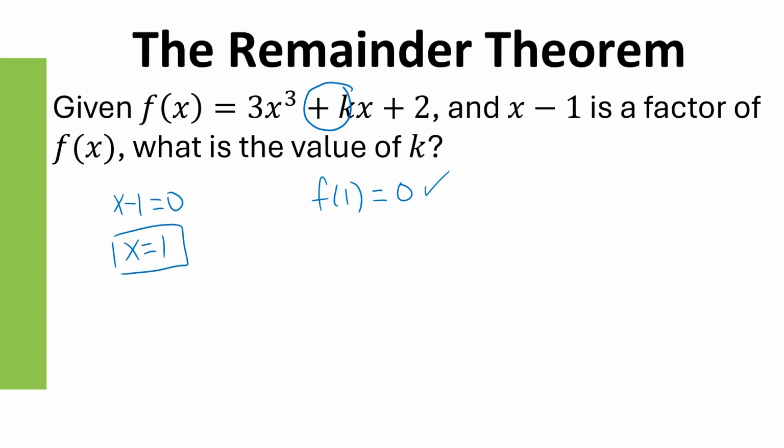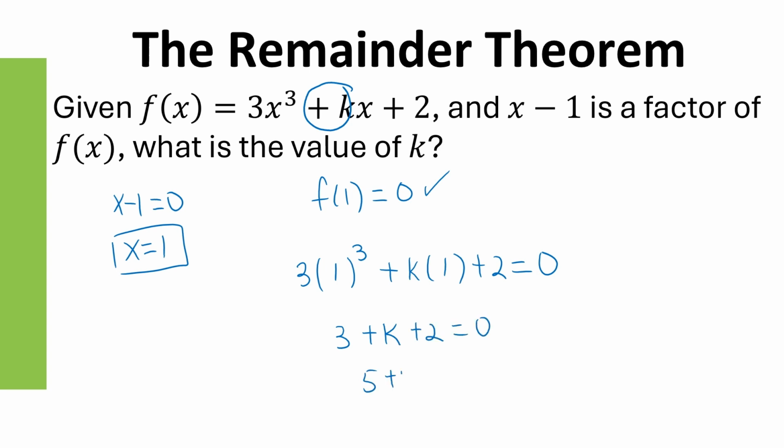So we have 3 times x to the third power, so that's 1 to the third power, plus k times x, which is 1, plus 2, and that's going to equal 0, which is the remainder. 1 to the third power is 1, times 3 is still 3. k times 1 is just k, plus 2 equals 0, so that's 5 plus k equals 0, therefore k equals negative 5.